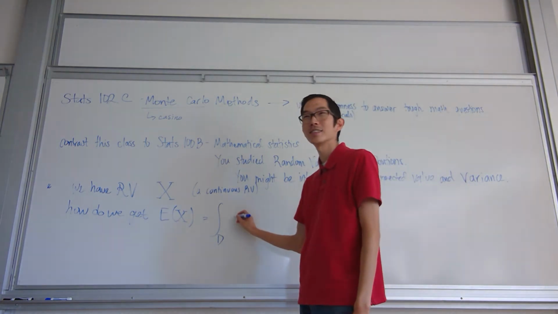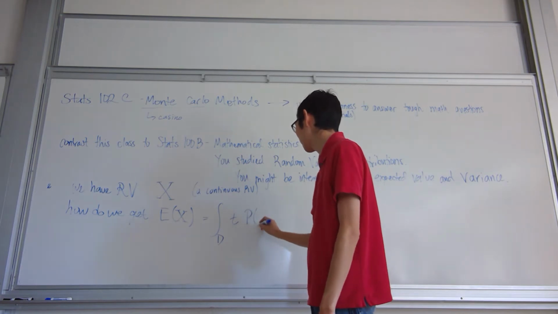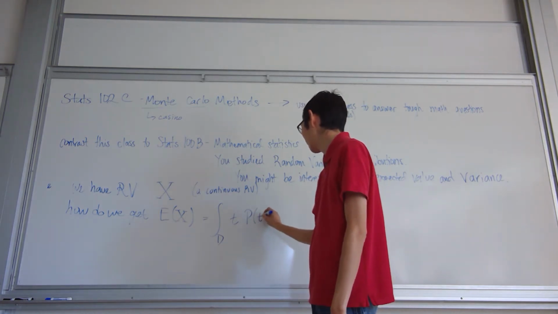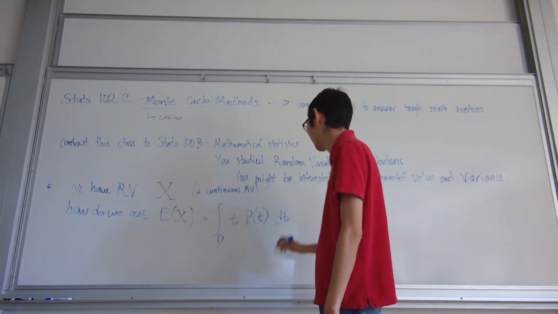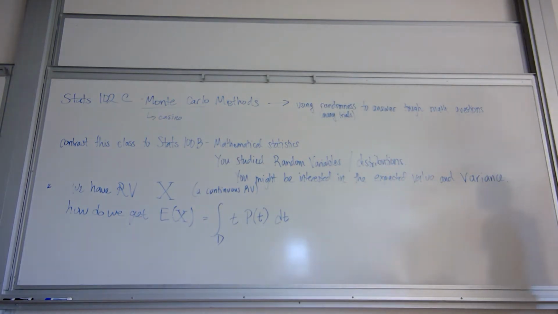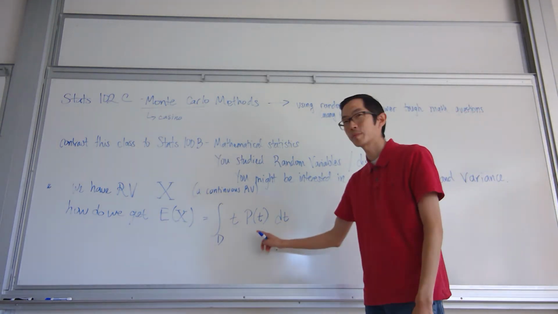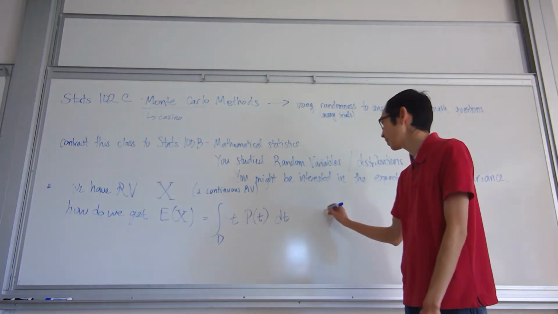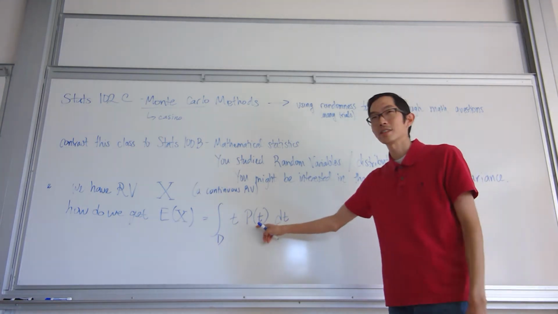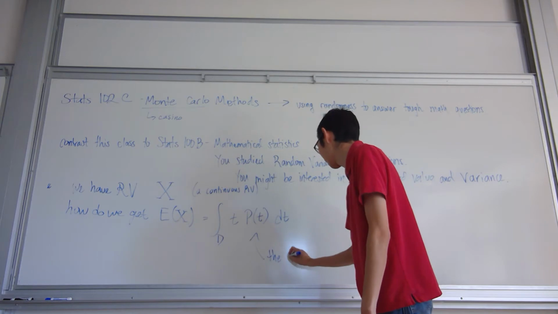And then what do we have? t times p(t) dt, right? Where p, this is the distribution, right? This is the density of x.